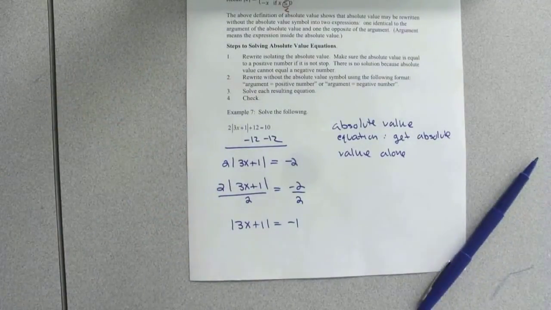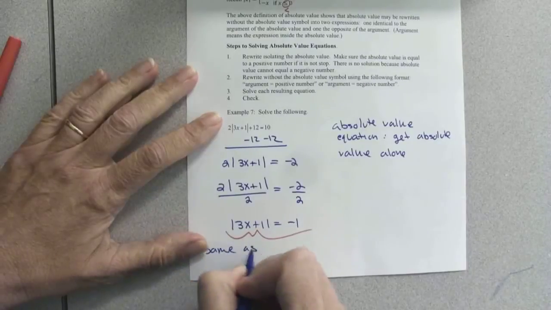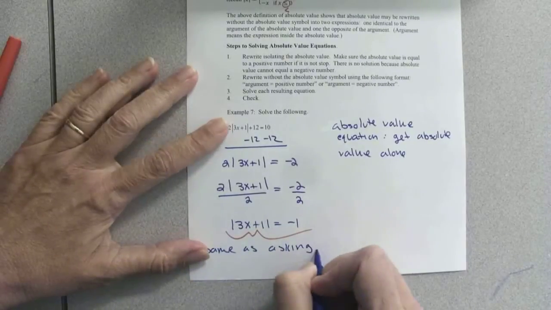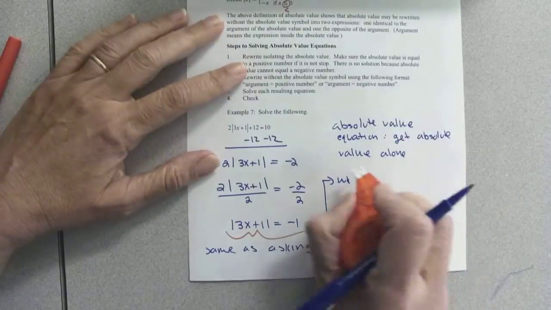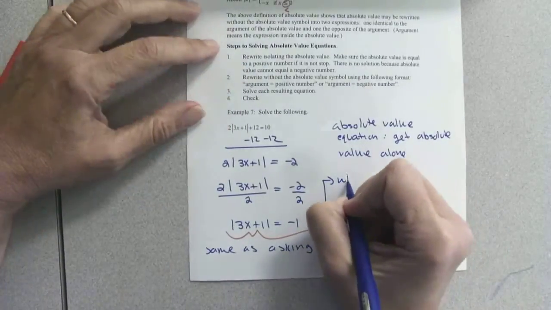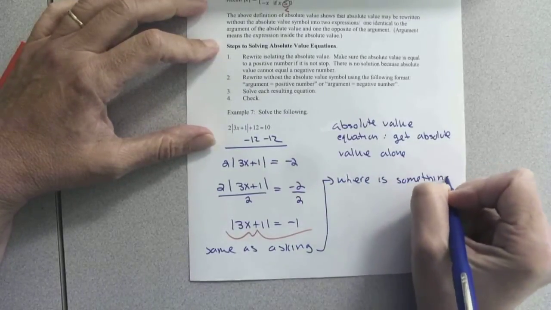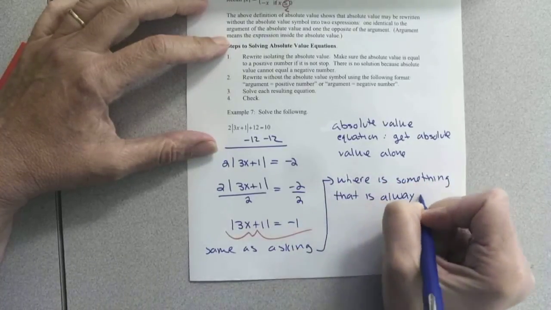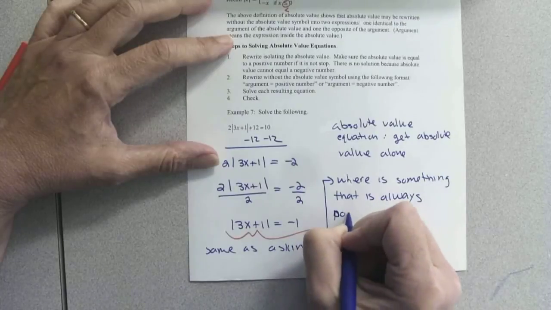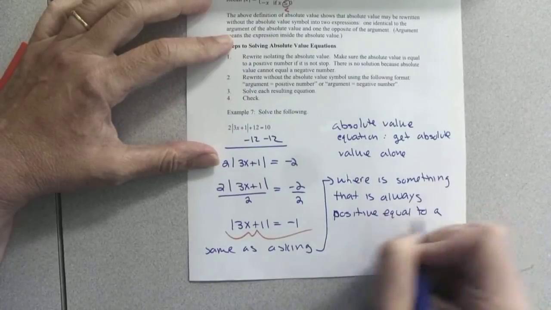This here says same as asking, where is something that is always positive equal to a negative.